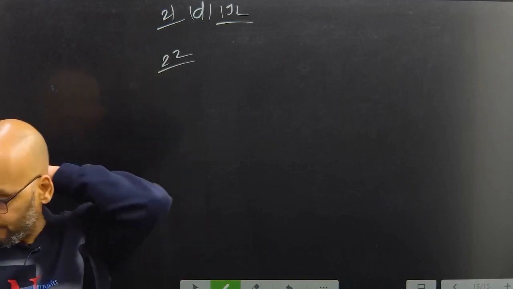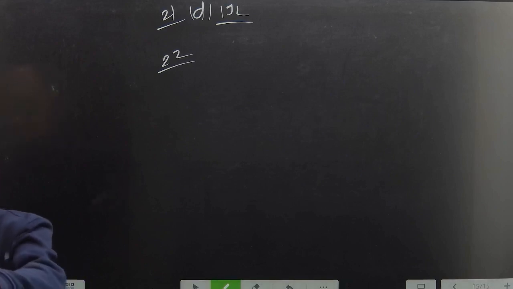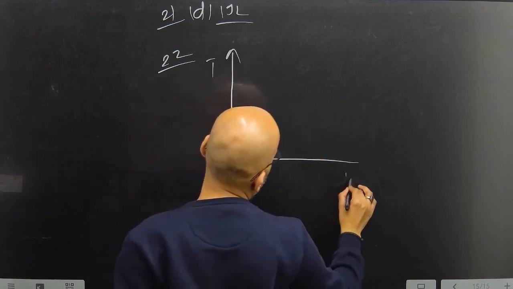22. It is saying that the given curve represents the variation of temperature as a function of volume for 1 mole of an ideal gas. Which of the following curves best represents variation of pressure as a function of volume? See guys, temperature, volume.